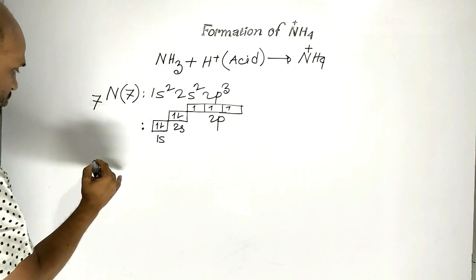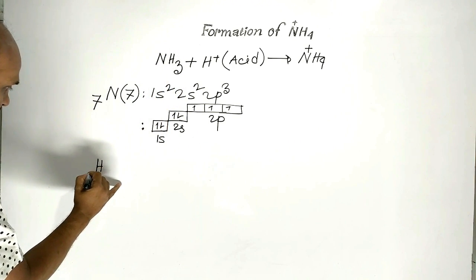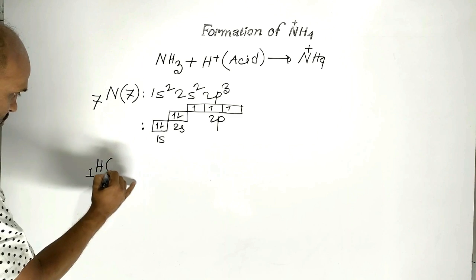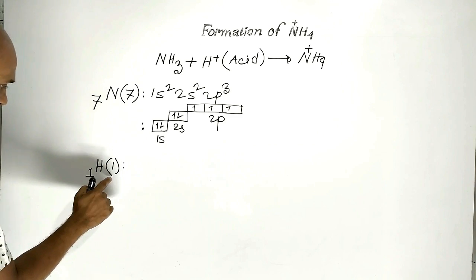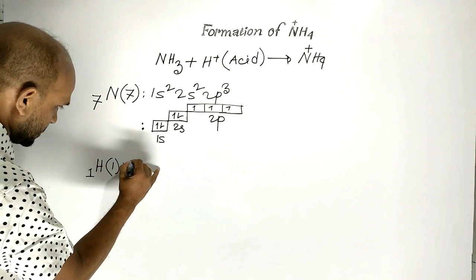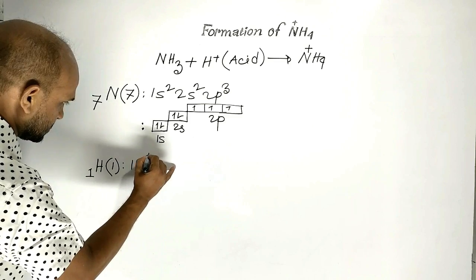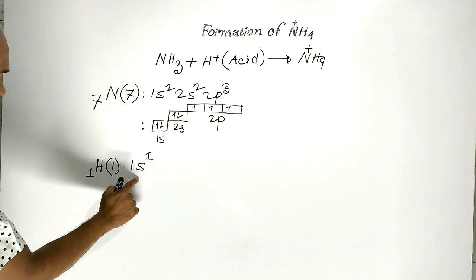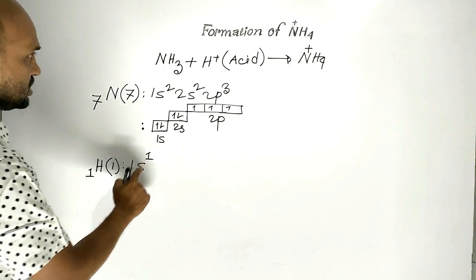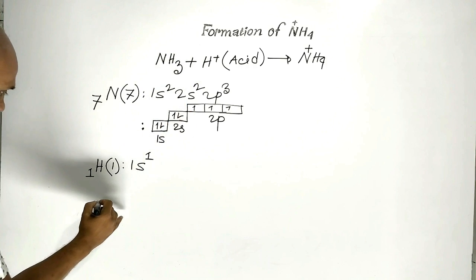Now hydrogen, atomic number 1. So it has 1 electron. Electronic configuration is this, 1s1. Here proton is involved.